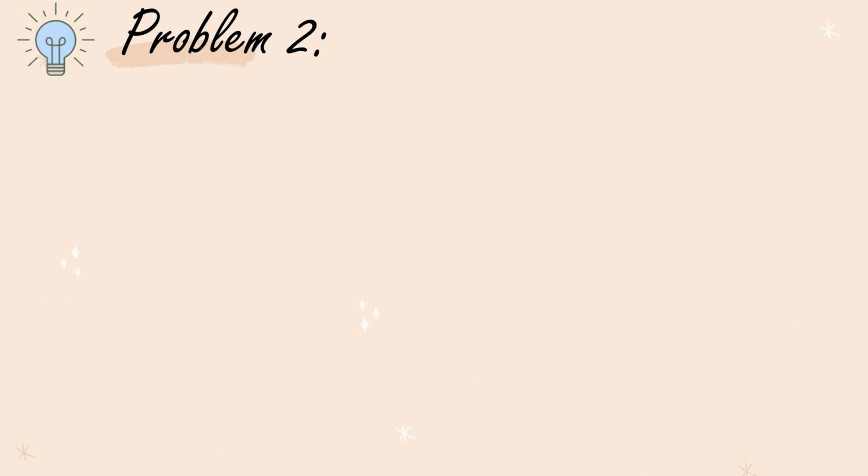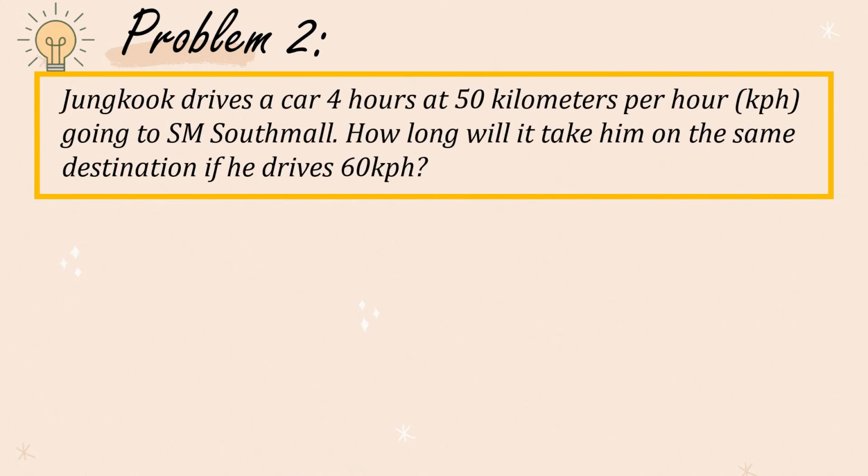Since alam na natin ang constant, pwede na nating hanapin ang final answer. So gagamitin pa rin natin ang equation R equals K over T, but this time, we're going to use the remaining values, which is R sub 2 and the K that we have found. So R will be 60 and K will be 200. So in order for us to solve this, we have to eliminate T in our denominator.